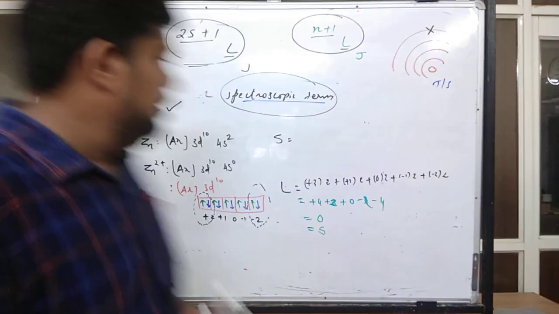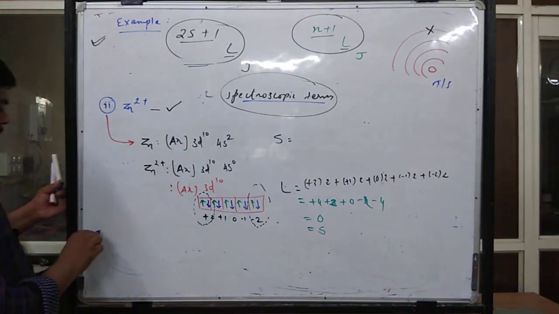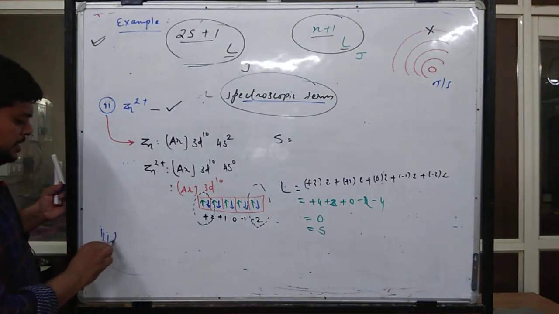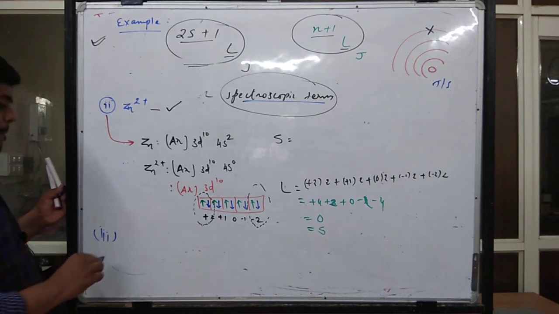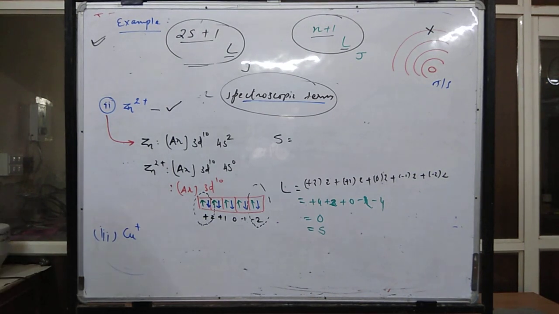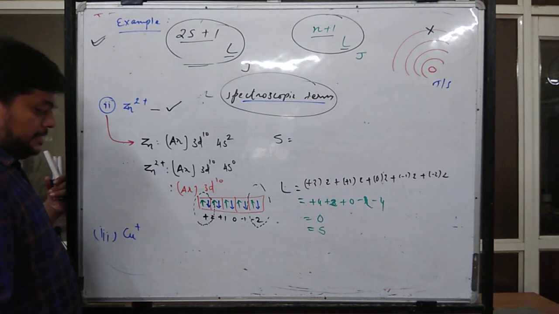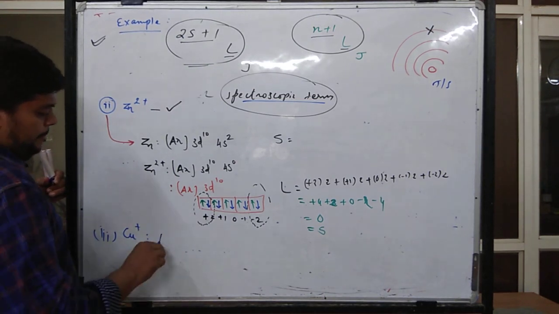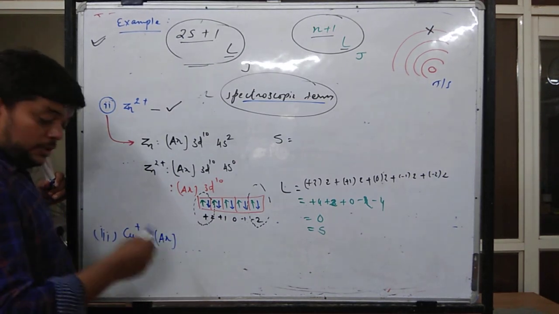But you should have such kind of other similar examples with you, like Cu+. And when you start thinking for Cu+, I am sure you can cross verify it.